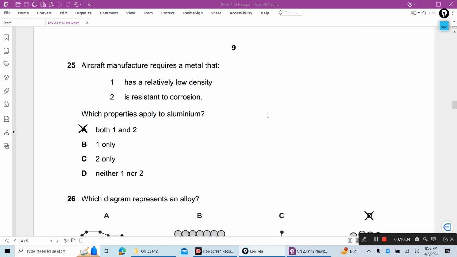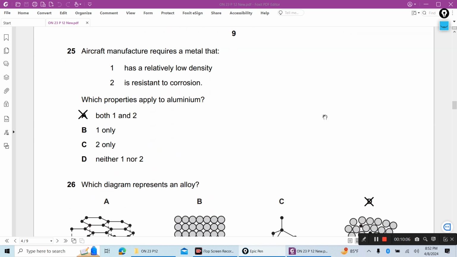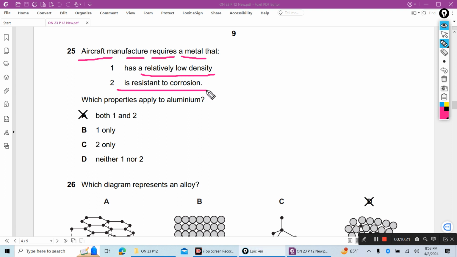Next, number 25. An aircraft manufacturer requires a metal that has a relatively low density and is resistant to corrosion. Which properties apply to aluminium?